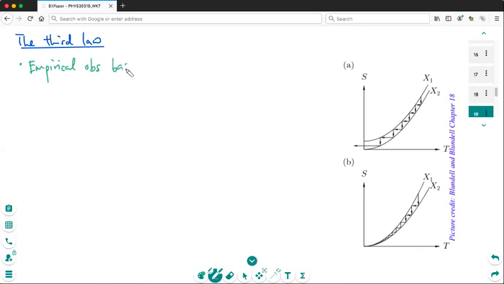So based on that, up to this point you shouldn't be surprised to see all these statements. If you read my notes, I give you all the different forms of the third law. For example, you have the Nernst statement, the Planck statement, the Simon statement.